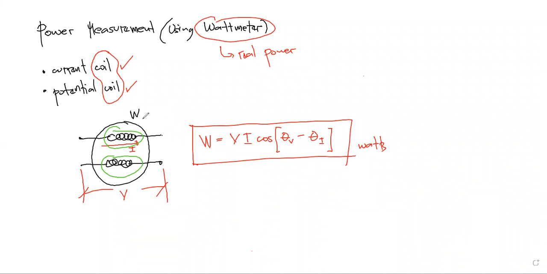For example, in the current coil, the current is assumed to flow from left to right. We set the standard that the current in the current coil will flow from left to right, and also in the potential coil.